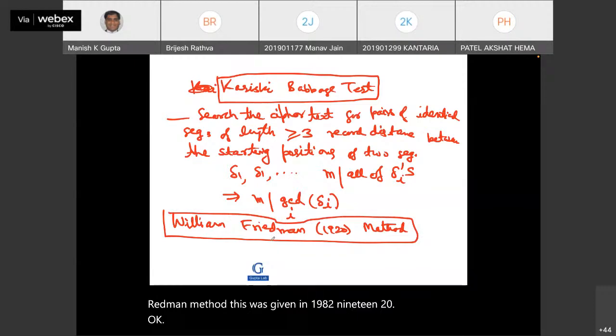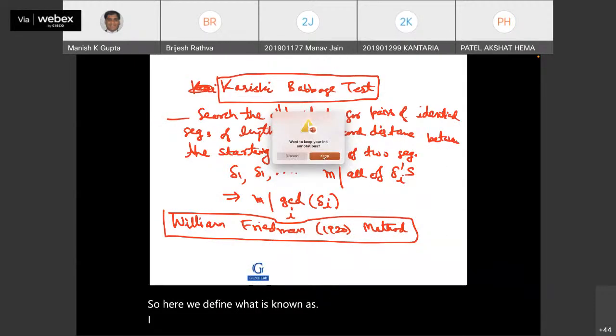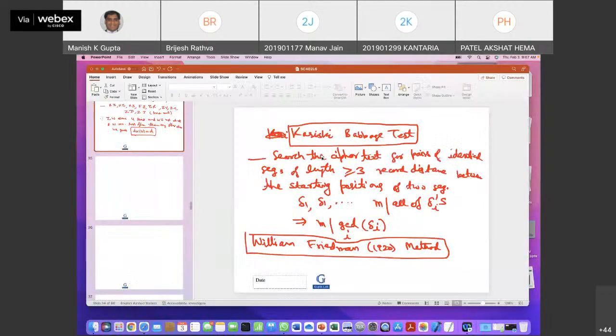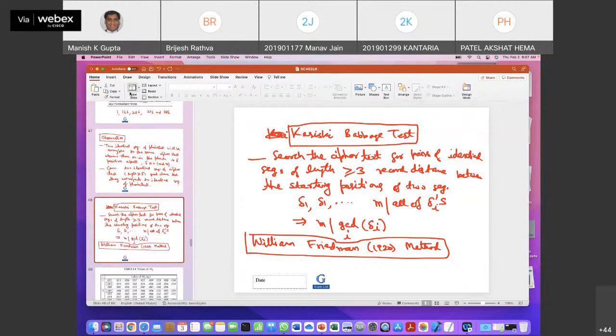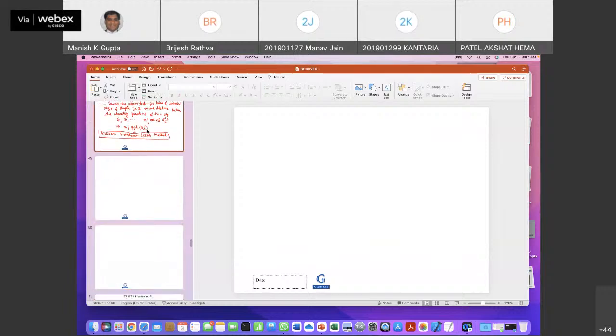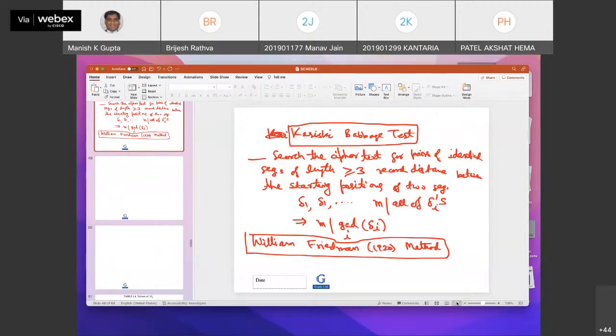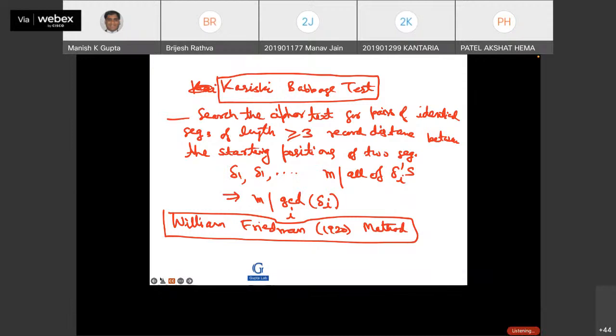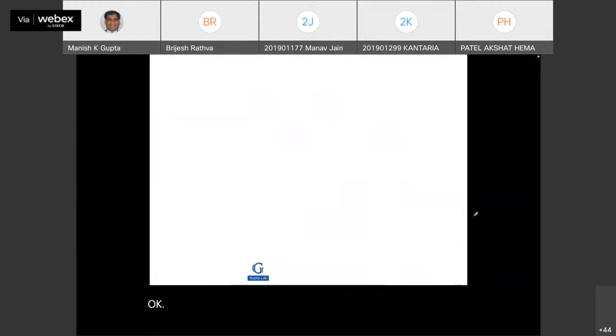Here we define what is known as the index of coincidence.